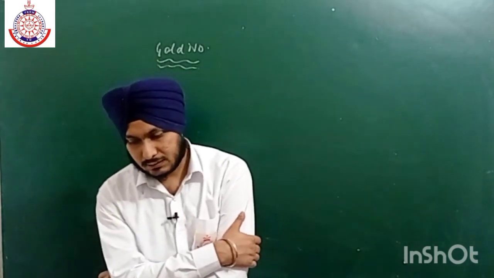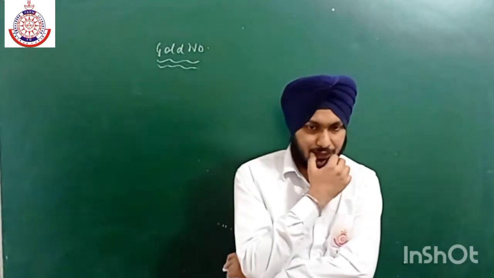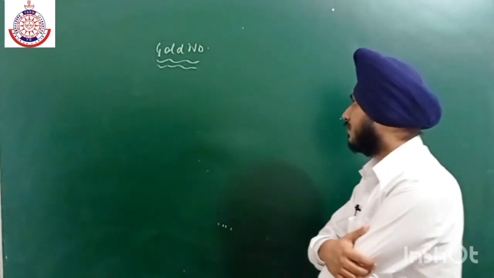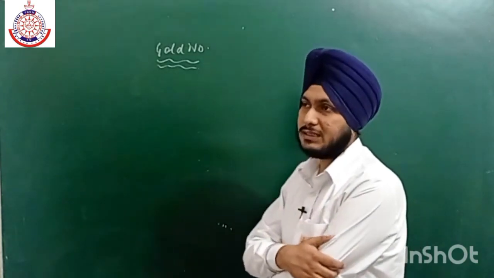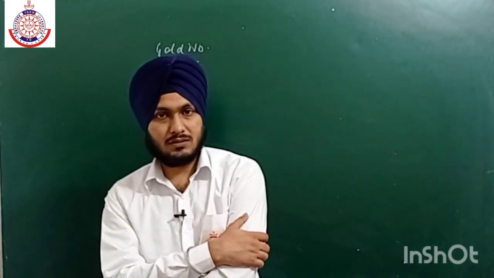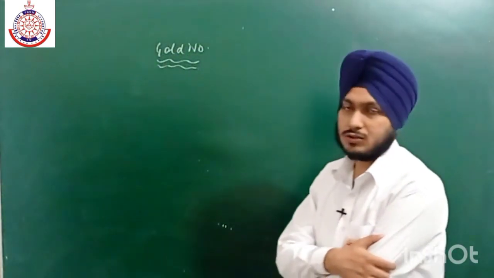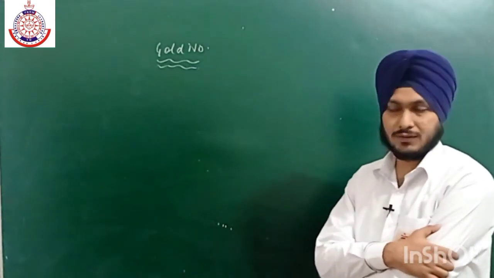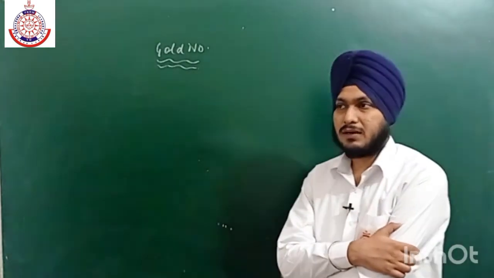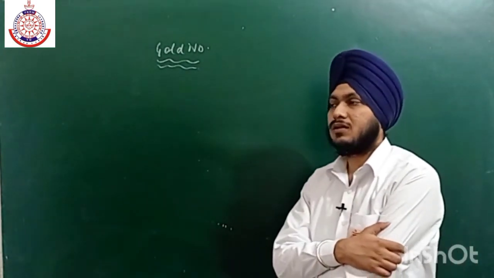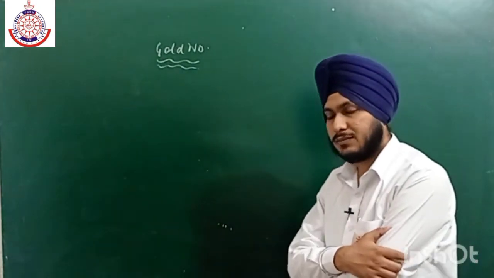Now, if we add some amount of lyophilic sol to the lyophobic sol, we can easily stop their coagulation. If we have a gold sol, a gold sol can easily get coagulated. But if we want to stop its coagulation, we have to add some lyophilic sol.